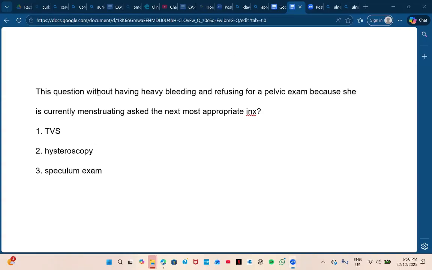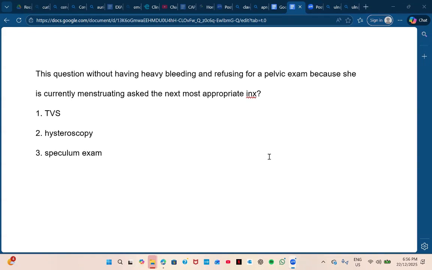Yeah, in that case, if the patient is not agreeing with the pelvic exam, we can't do it, right? It's the patient's autonomy. We have to respect it. So we can't do a speculum exam. What about hysteroscopy? It's not an initial thing, right? It's like a treatment, very invasive.